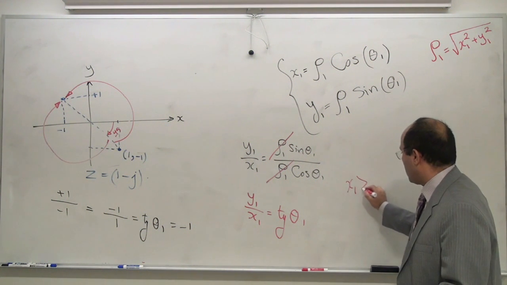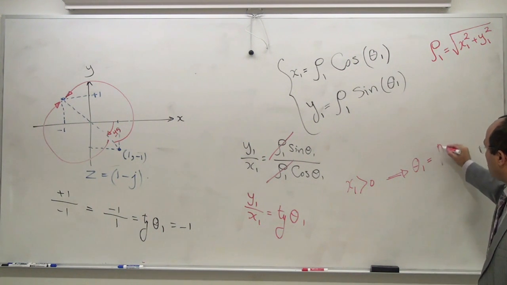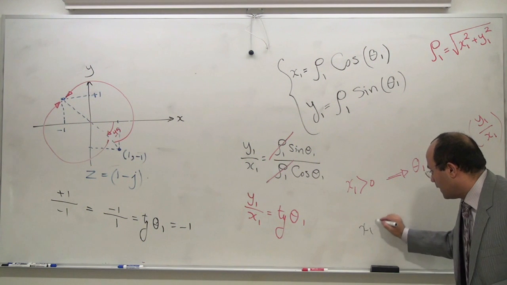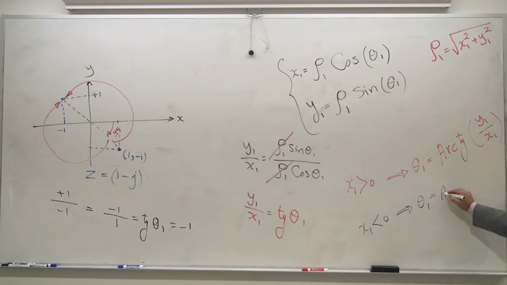If x1 is positive, then theta 1 is equal to arctangent or tangent inverse of y1 over x1. If x1 is negative, then you have to add or subtract whatever the calculator tells you to do. So this is going to be plus minus, doesn't matter what you do. Either way, it's going to be all right. 180 degrees.